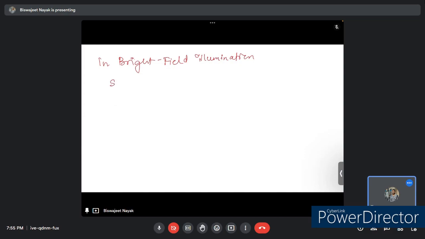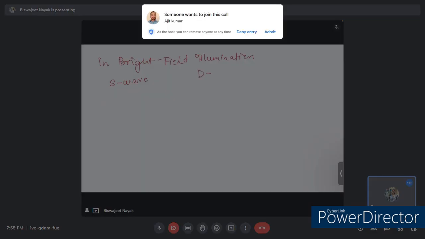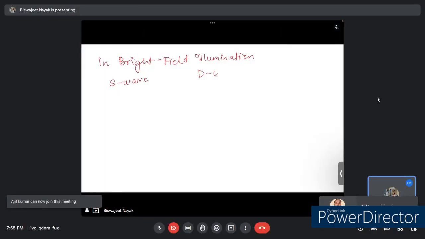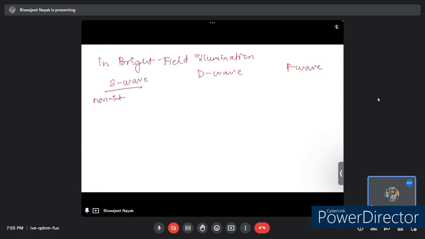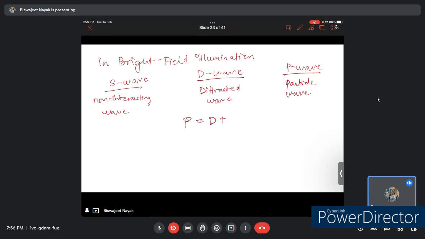One is the S wave, one is the D wave, and another one is the P wave. The S wave is also called the non-interacting wave, the D wave is called the diffracted wave, and the P wave is called the particle wave. And there is a relation defined for these three waves, and it goes by P equals D plus S.